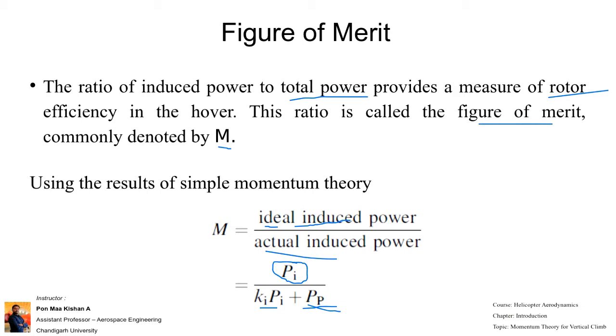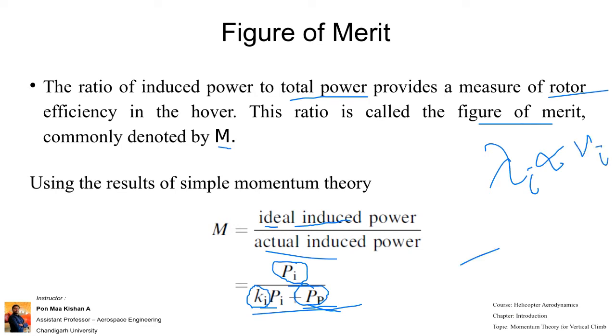So the total power required to produce thrust is given as Ki Pi plus P suffix P, the profile power. What is this Ki? It is a constant, related to the coefficient of induced velocity. Whenever we mention lambda i, it is directly proportional to Vi.